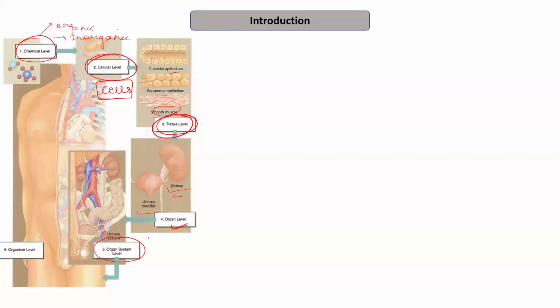This is known as the organ system level of organization. And after this, we have an organism level, where different organ systems like the excretory system, circulatory system, digestive system, etc., which are present within the organism, lead to the formation of a complete organism. So this is the organism level of organization. Starting with the basic chemical unit, we have a complete organism being formed.